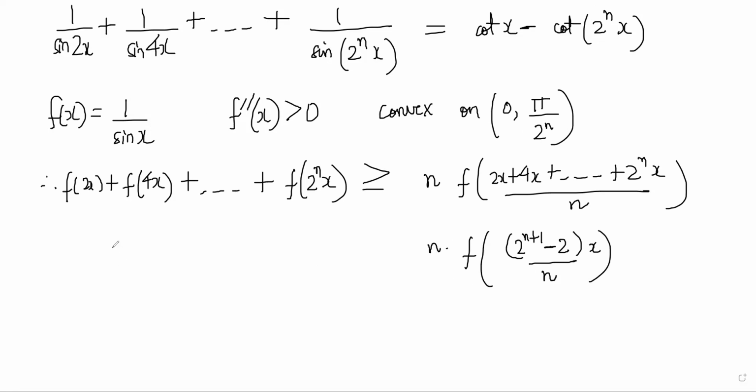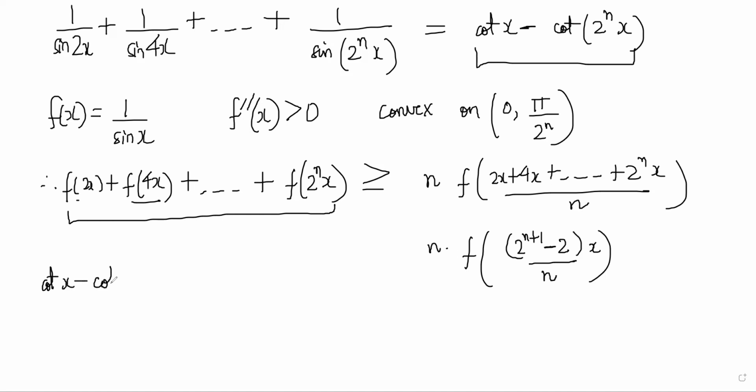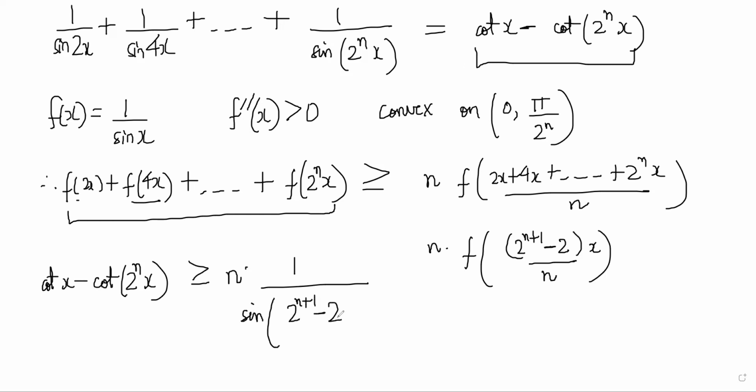So we have this left hand side here, f of 2x is 1 by sine 2x, f of 4x is 1 by sine 4x, and so on. So therefore that should be equal to this, right? So the left hand side, cot x minus cot of 2 power nx, is greater than or equal to n times f of this. So this is 1 by sine of 2 power n plus 1 minus 2 by n times x, right?